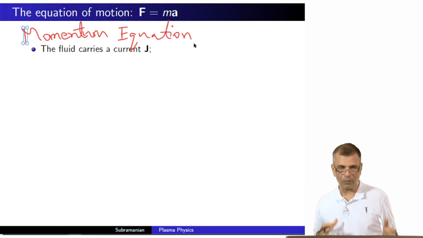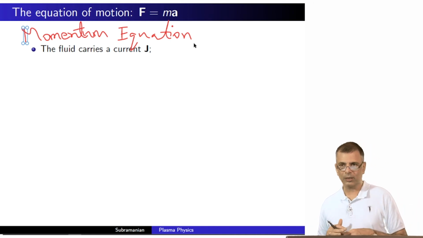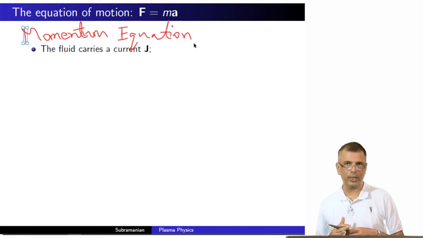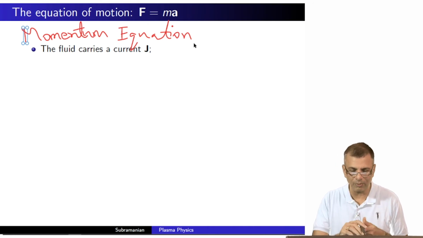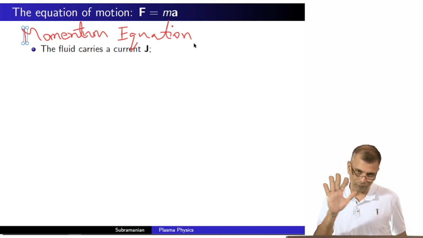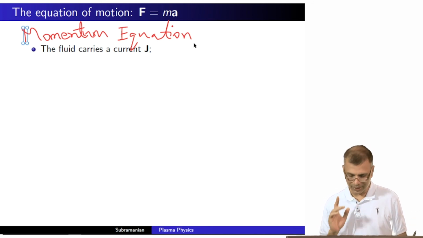That's the whole point. Why are we talking about MHD? Because in a magnetized fluid, the fact that there is a magnetic field in the fluid means that there will be additional terms to the equation of motion. And what is that? You already have a fair idea of what it would be. It has to be something like the Lorentz force, and that's exactly what it is.